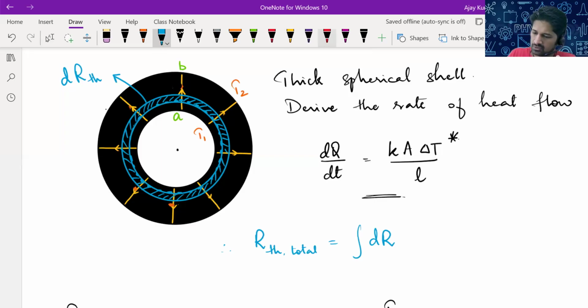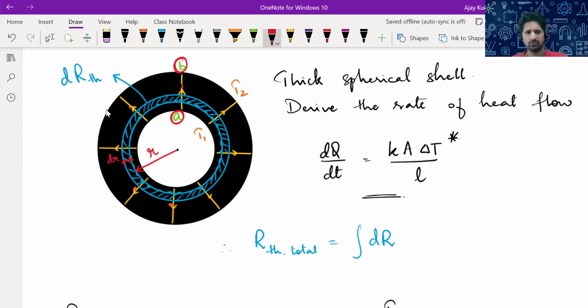So we are going to assume the radius of this blue layer as small r. Okay, from layer to layer, that radius keeps changing. Innermost layer has the radius a, outermost layer has the radius b. Okay, there are many layers like this. Okay, so let's say this layer's radius is r, and the thickness of this layer is dr.